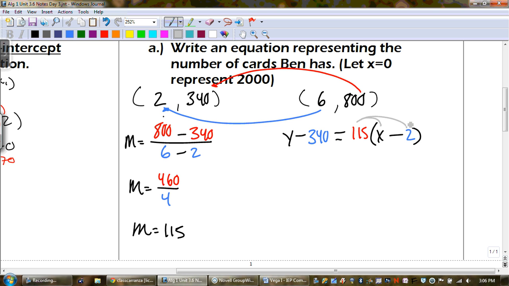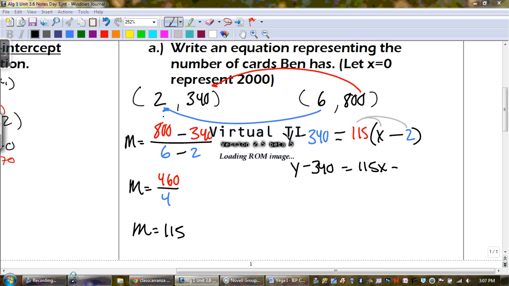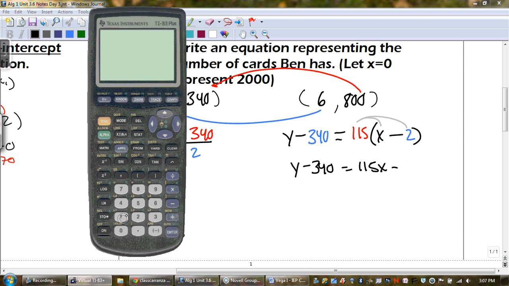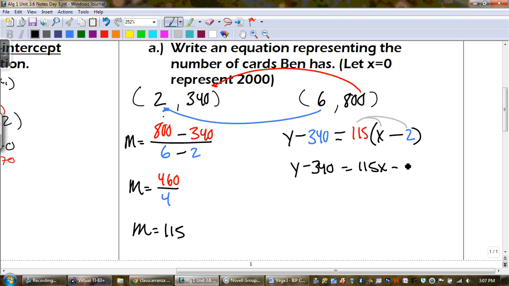So go ahead and distribute. y minus 340 equals 115x minus 115 times 2. What'd you guys get? I don't have my calculator in front of me, so I'm going to do it real quick. 115 times 2 is negative 230.